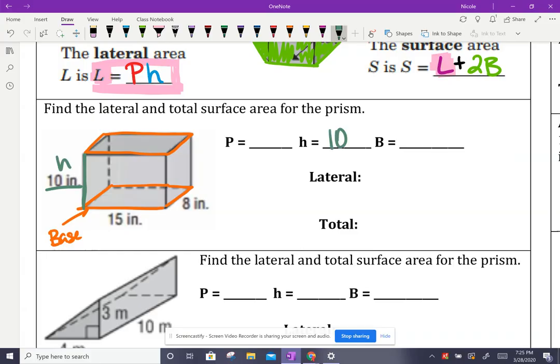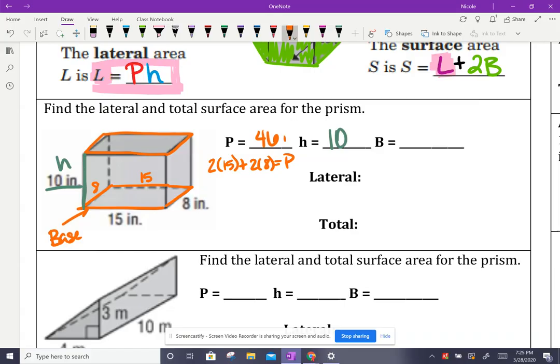So the perimeter of one base, I'm going to need to find. So to find the perimeter of one base, I take all 4 sides and add them together. So I can take 2 times 15 plus 2 times 8. If you don't remember why I'm getting that, this is a rectangle, so opposite sides are congruent. And when I add that together, I get 46.